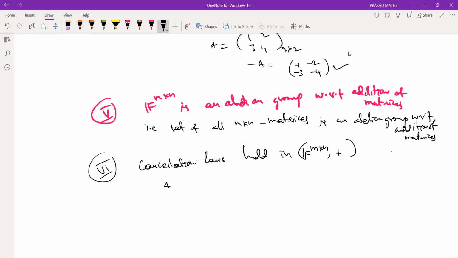That means suppose you take C plus A equals C plus B. If this happens, automatically A equals B. What is this? Left cancellation law.